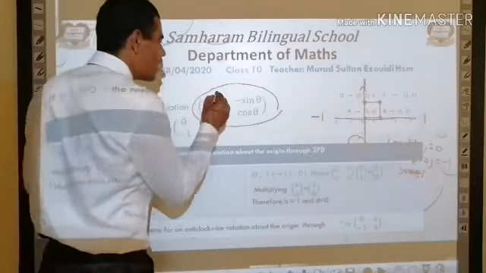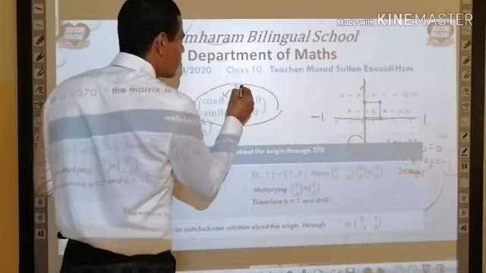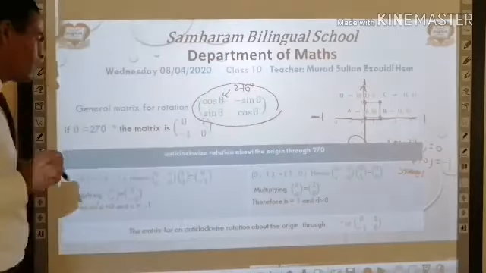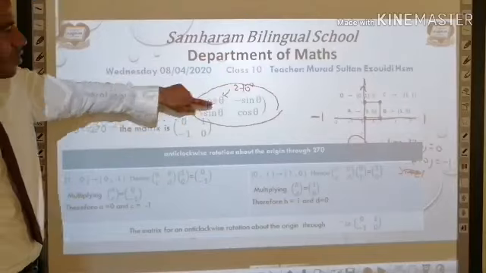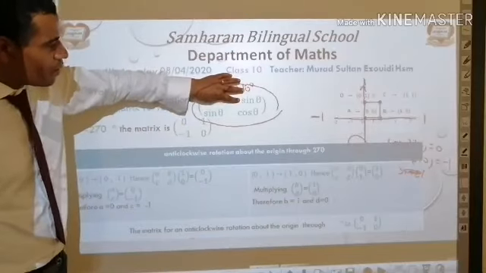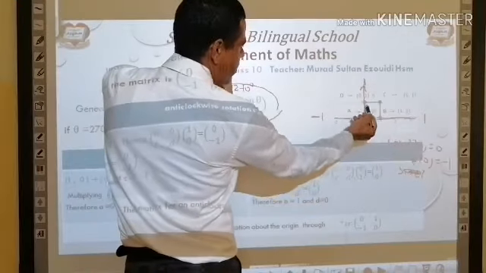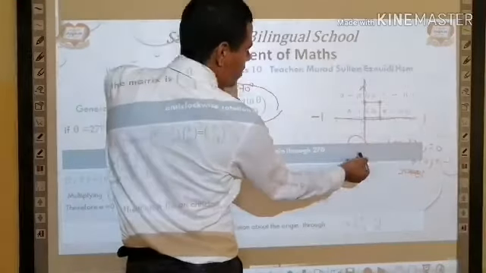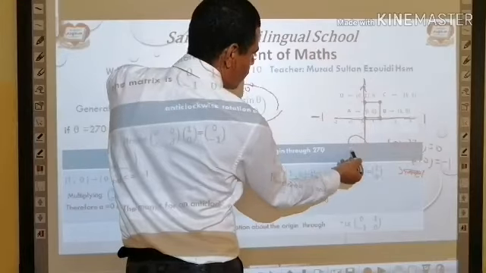So cosine of 270 is 0, and sine of 270 is minus 1. This is 90, this is 90, 180 plus 90 is 270, so sine of 270 is negative 1.